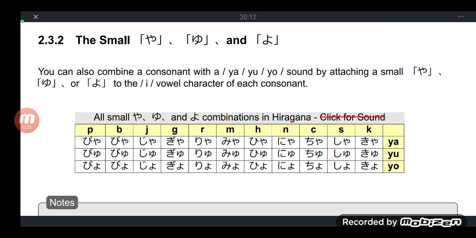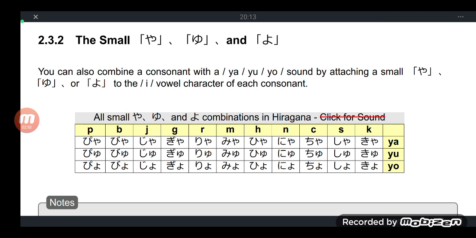So the small characters combined with the consonant characters: the hi now becomes hiya, the hiya, biya. Now this one is not jia but ja, when you combine g plus ya. And the gi plus ya is not anymore gia, but it is now pronounced as gya.